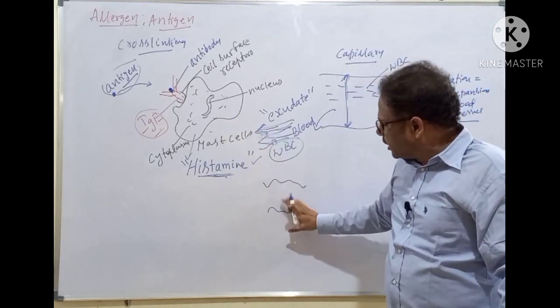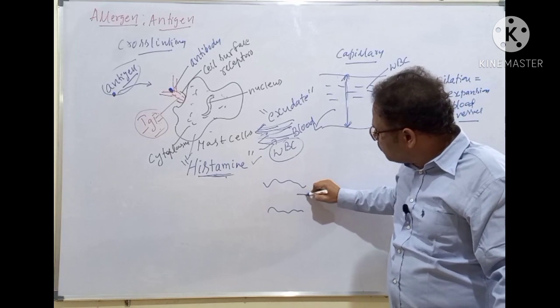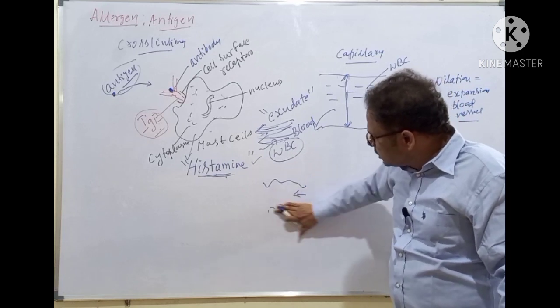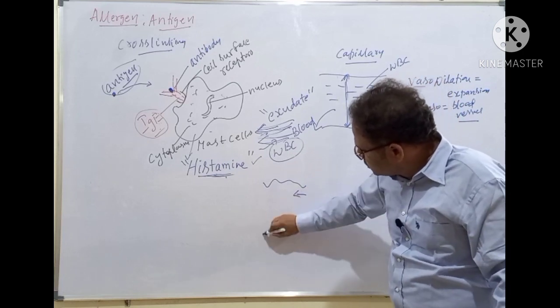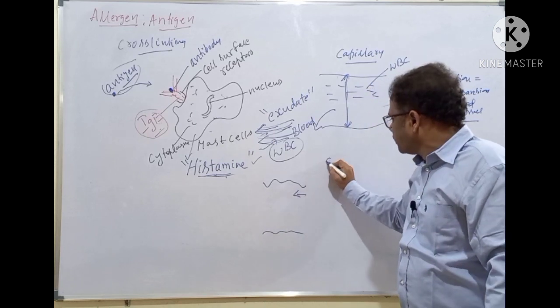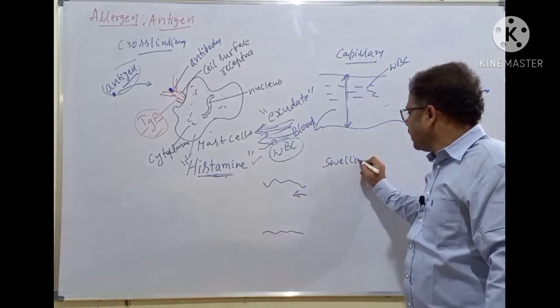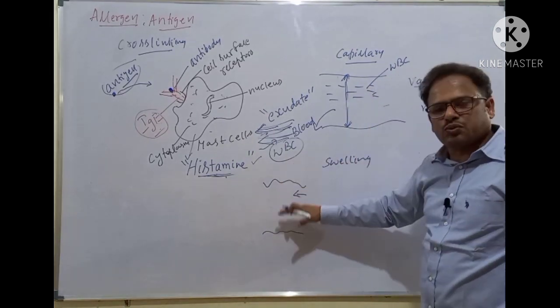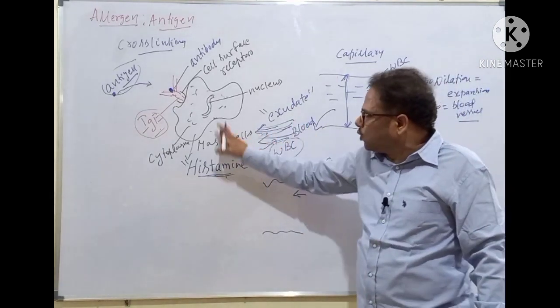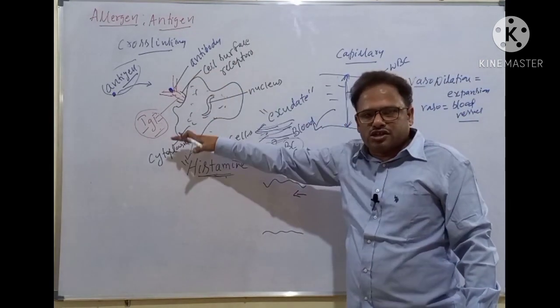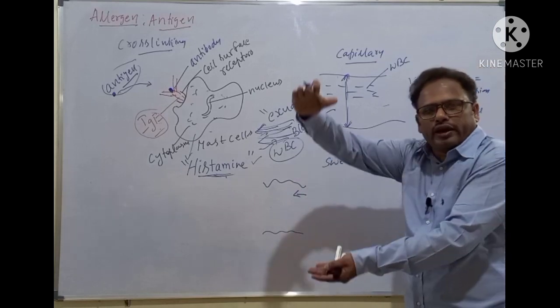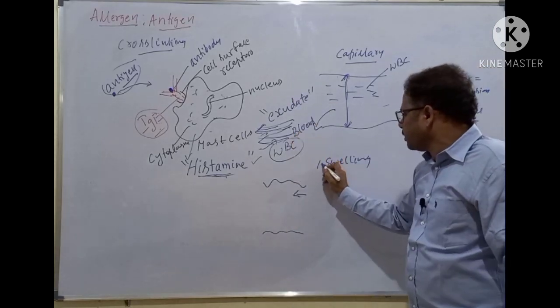This is the original size. Because of the more blood flow, what happens? This is increasing in size. That is, there is a swelling. Why is there a swelling? Because more blood flow is there into this direction, isn't it? That is why there is swelling, number one.